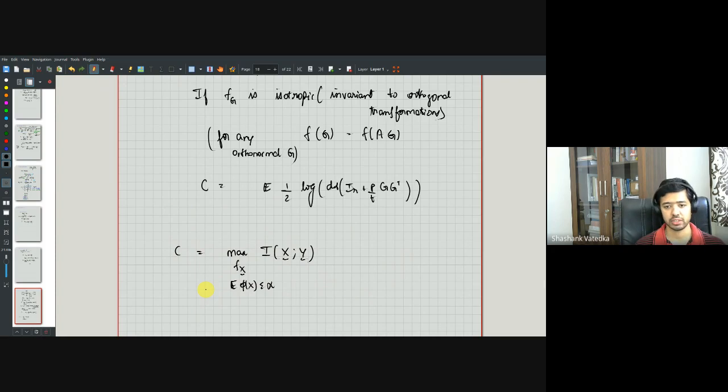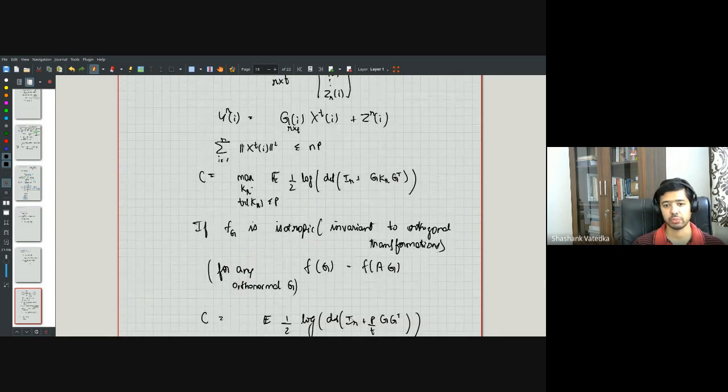Then it's just a matter of simplifying this to get this particular expression. All that remains is to solve this optimization problem. In general, whenever you have Gaussian channels, the maximizer is almost always going to be a Gaussian. So you maximize over all possible Gaussian vectors, and that corresponds to maximizing with respect to the covariance matrices.